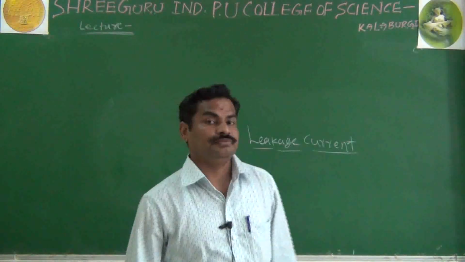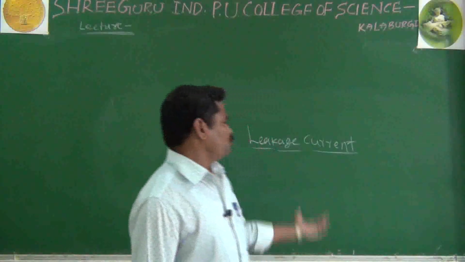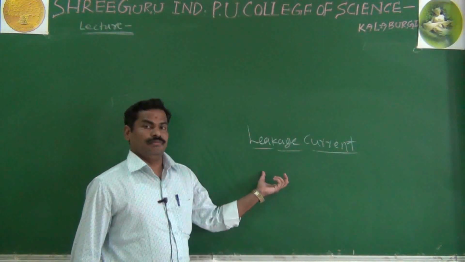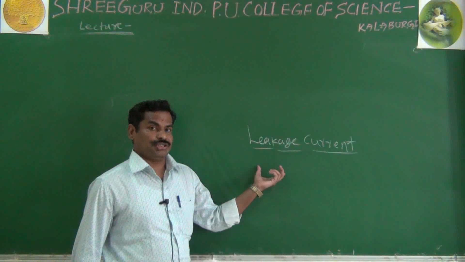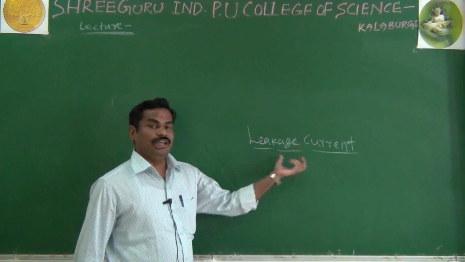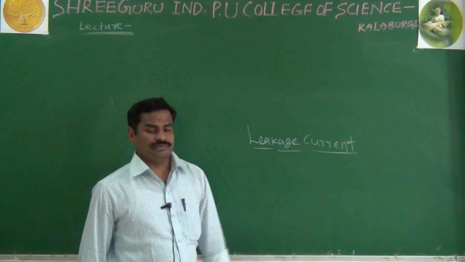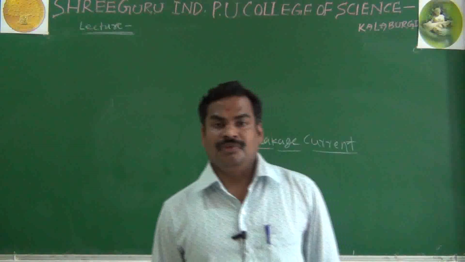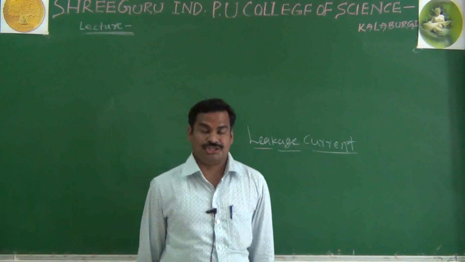That is important. What is leakage current? The current flowing because of the minority carriers and because of the reverse bias is the leakage current. And the leakage current is different for the different configurations.